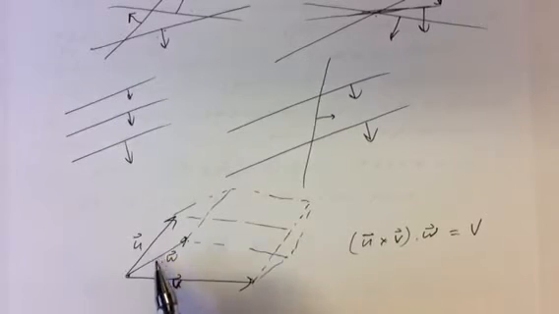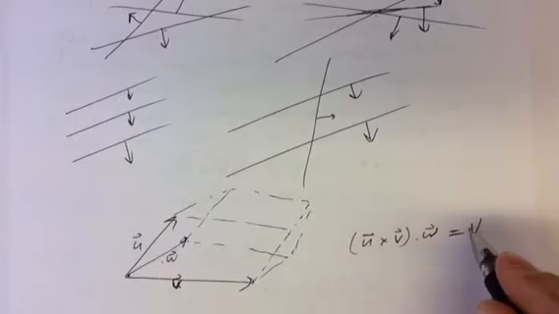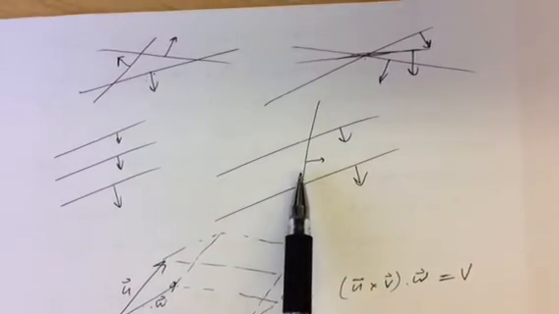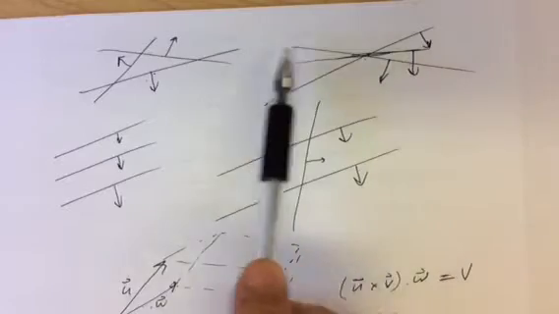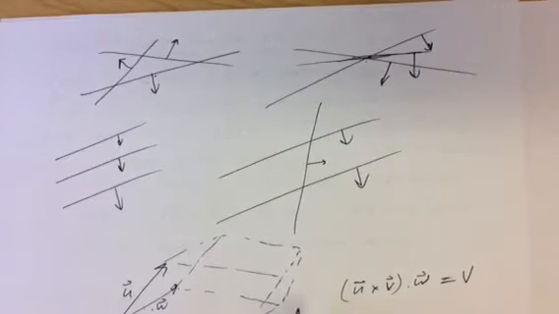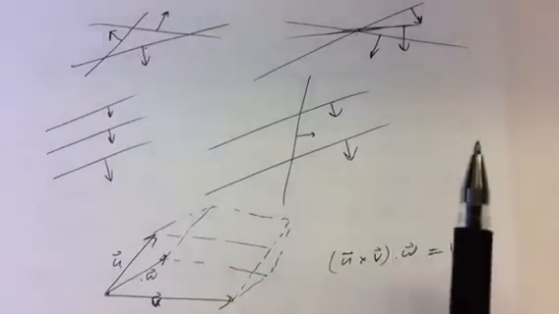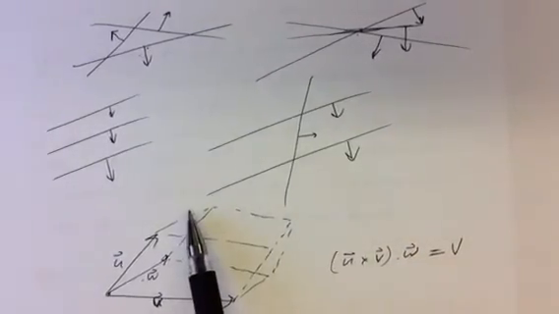So if it has no volume, then this triple scalar product is going to equal 0. So in all these cases up here, where the normals are coplanar, the triple scalar product of those normals is going to be 0, because they're going to give you a parallelepiped with 0 volume. The only time you're going to get a non-zero volume for the parallelepiped is if these vectors are not coplanar, or if you're thinking of the normals, they're not coplanar.